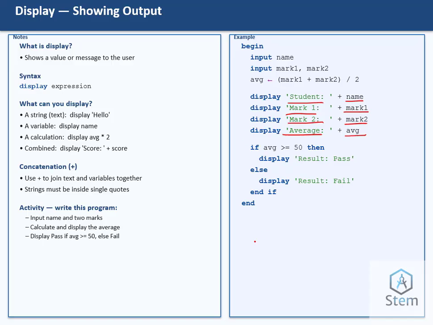So display, what you do is you write the word display like this, followed by whatever you want to display. All right, so that's it for basic understanding of pseudocode, input, assignment, and output. Remember input, remember the assignment operator, and remember the display.